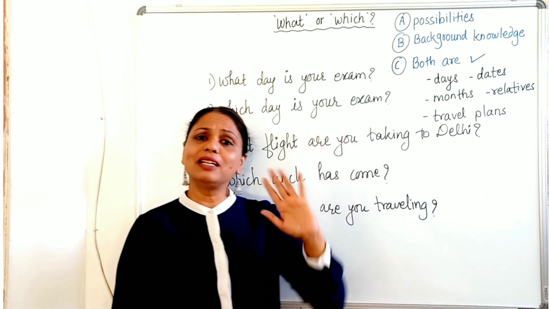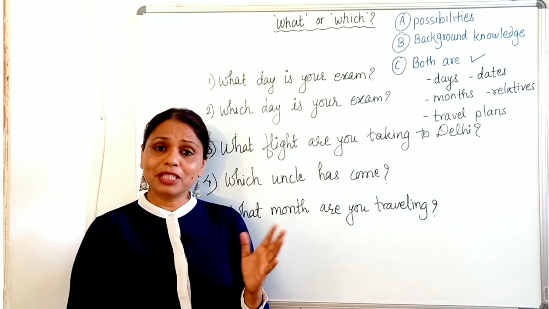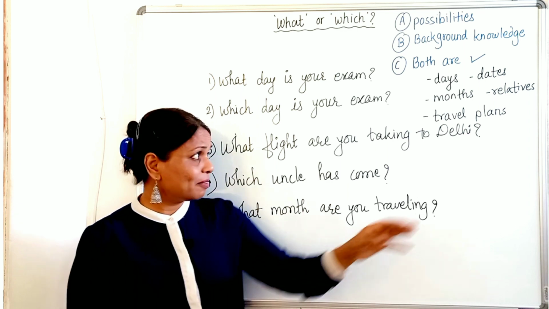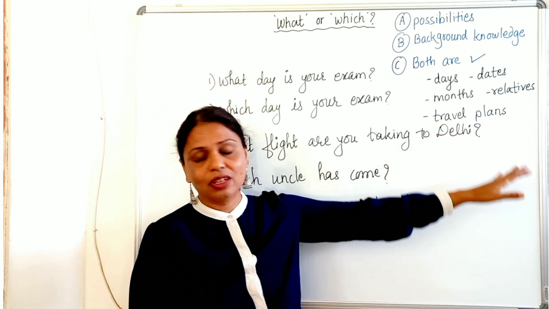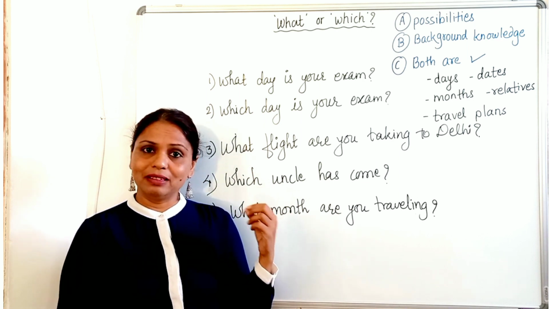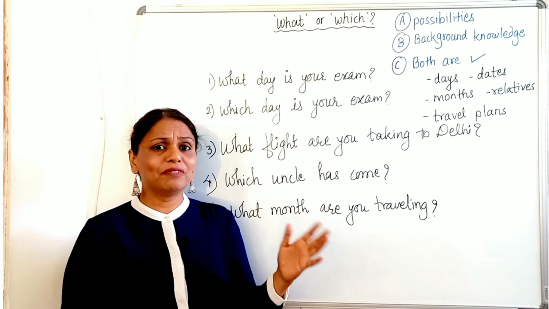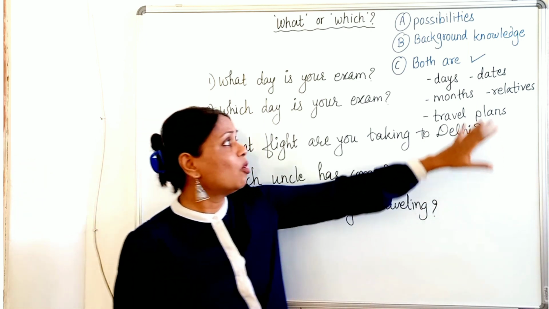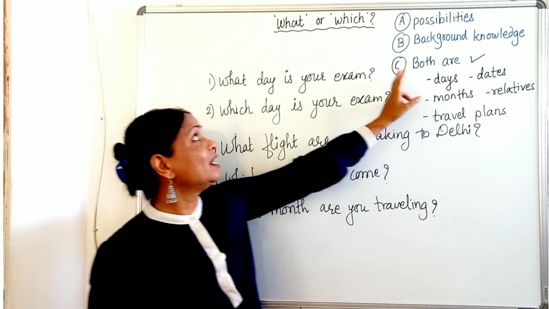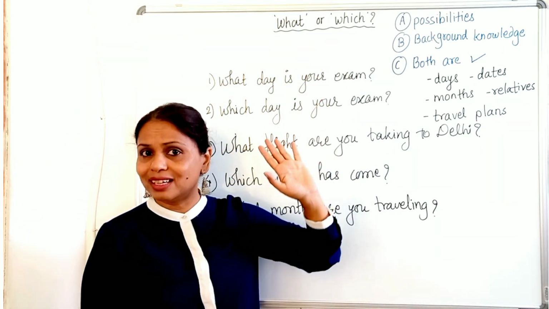Relatives, we have a limited number of relatives, like our children, aunts, uncles, siblings, they are all limited. Travel plans, like for example, your travel plans, and the aeroplanes, the buses or the trains that you are taking and the destinations all are fixed and limited. In all such cases, you can use what or which, both are correct.